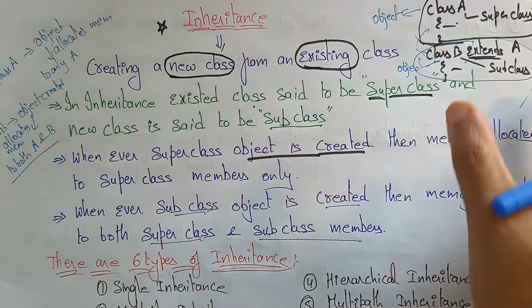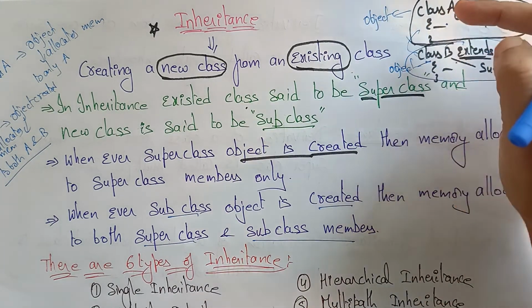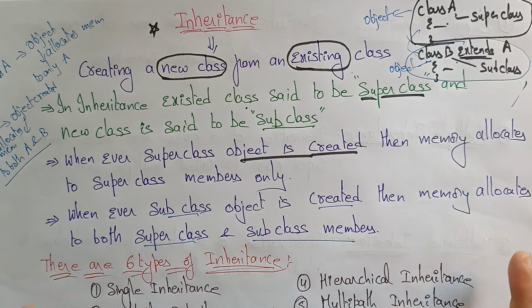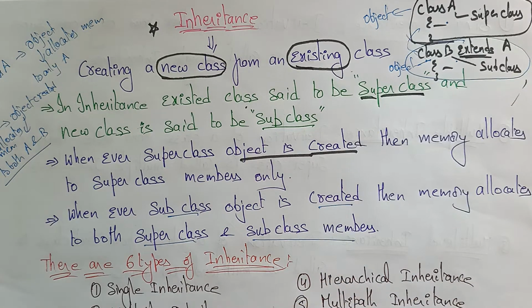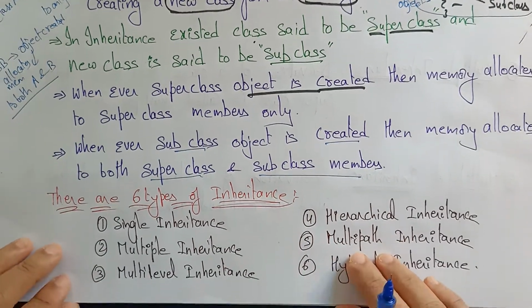Remember that. Whenever an object is created for B, memory is allocated to A members as well as B members. It means you can access the A members as well as the B members, because we used the keyword extends.